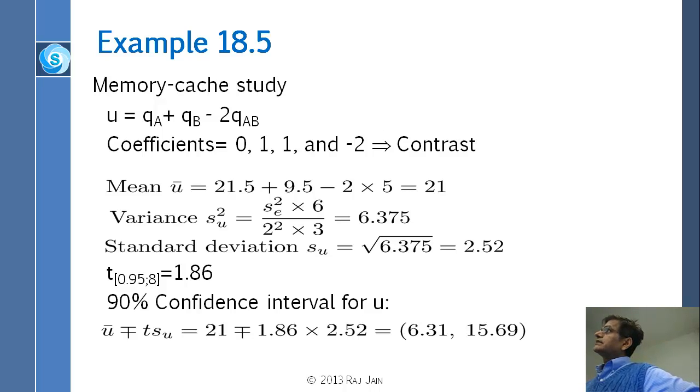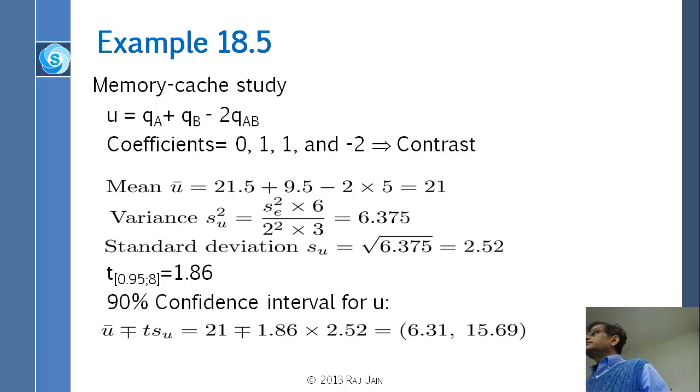So that is the 6. This number 6 comes from 1 square plus 1 square plus 2 square. So you put the sum of hi squares here, and then divide by the total observations, 2 raised to 2 times r, which is 12. This is the variance. Standard deviation is just the square root of that.